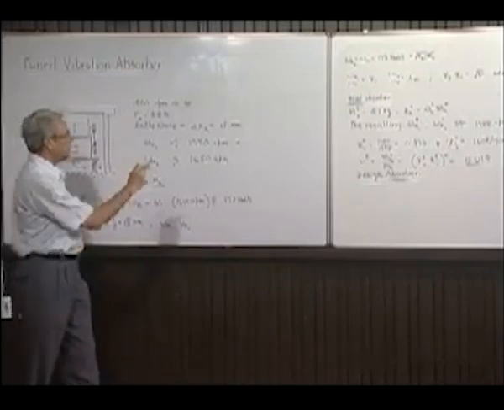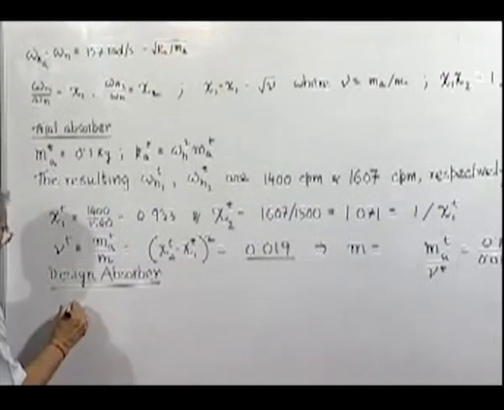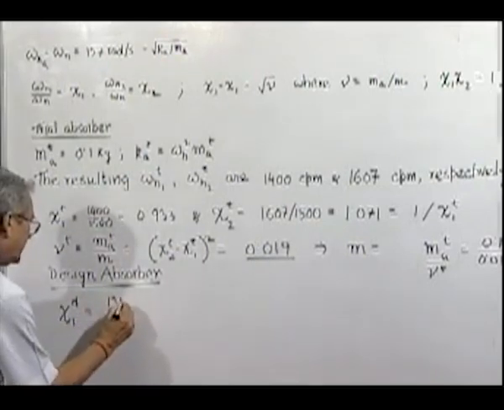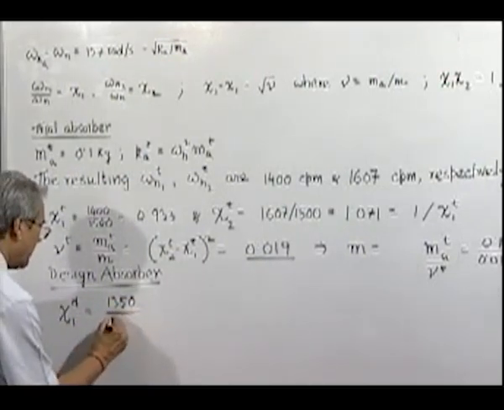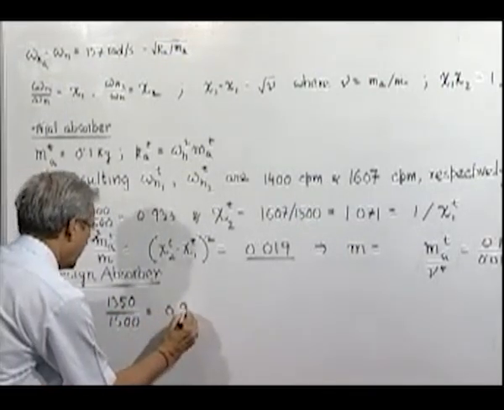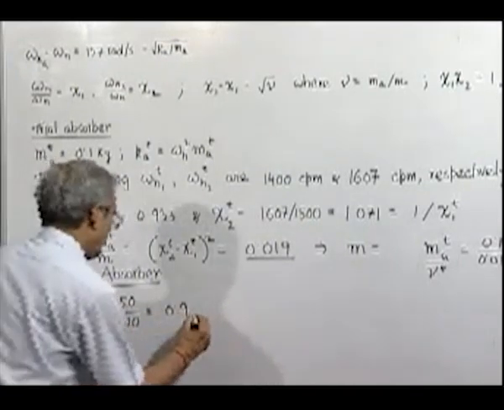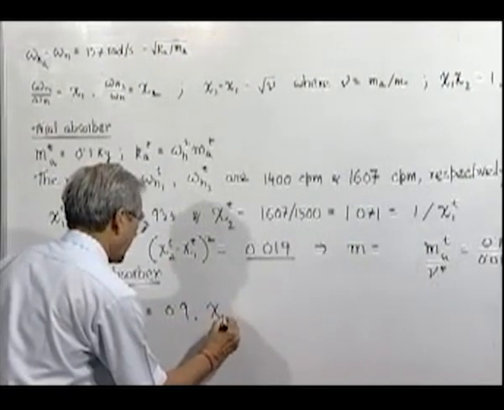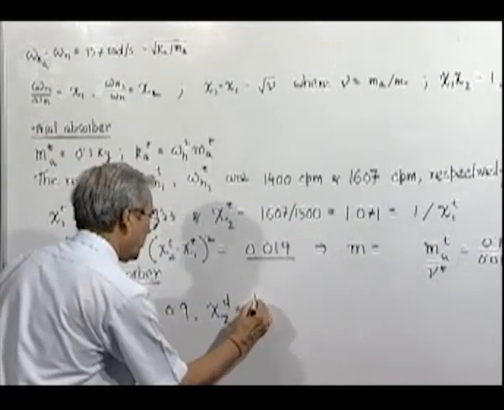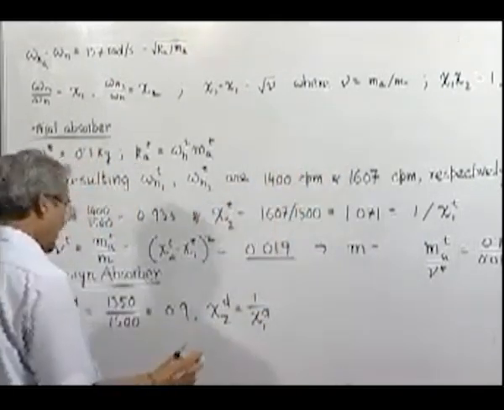That means, with the design absorber, chi 1 d will be 1350, which is just the limit, divided by 1500, which is equal to 0.9. And obviously, with this, chi 2 d will then simply be 1 by chi 1 d, that relation.